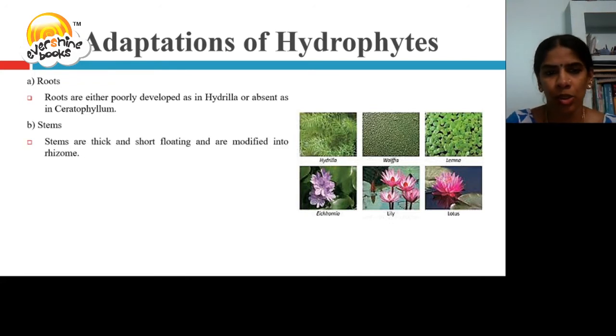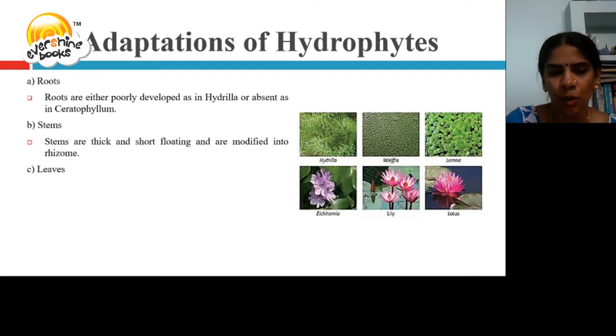When you see the image, you can see the stems are thick and short. Yes, lily, lotus and others have thick and short stems. These are all floating in the water, and they are modified into rhizomes. A rhizome is a thick bundle of stems that are not clearly visible to us.